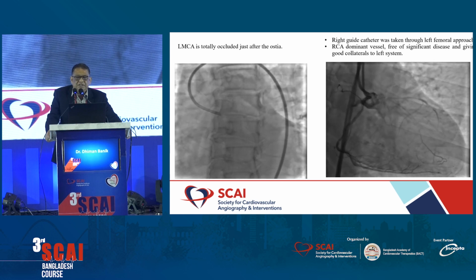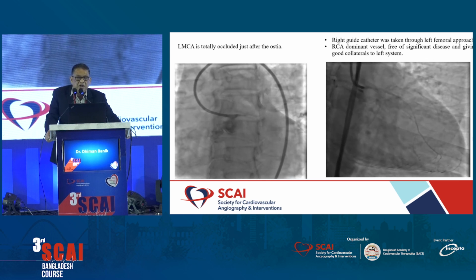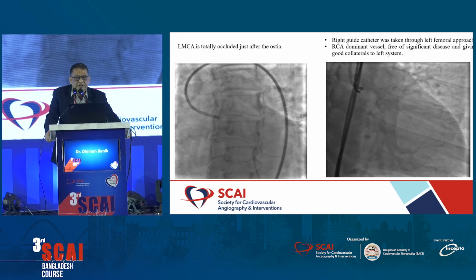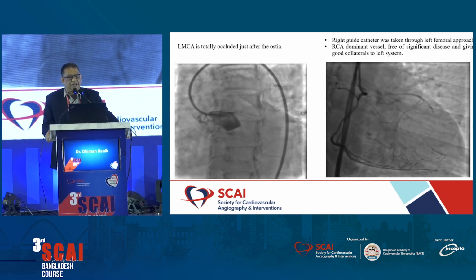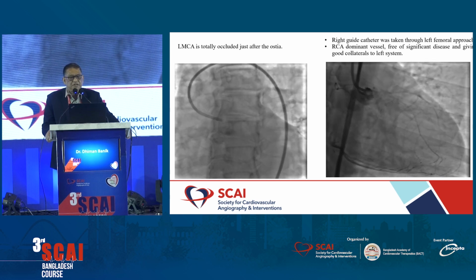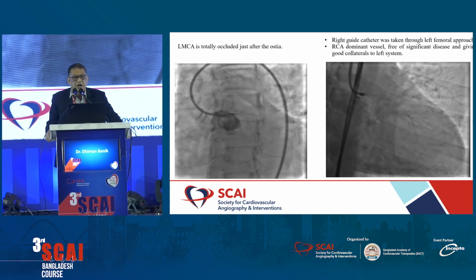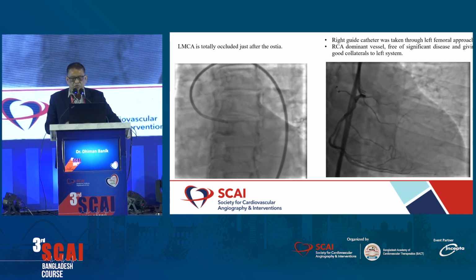So we punctured the left femoral and took the guide catheter to the right side, and we saw that the right system is dominant and the right coronary fills the whole of the left system.